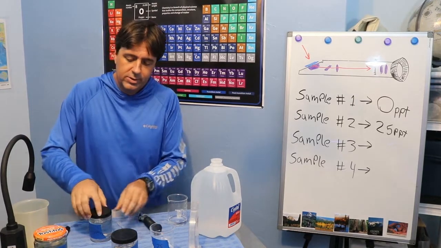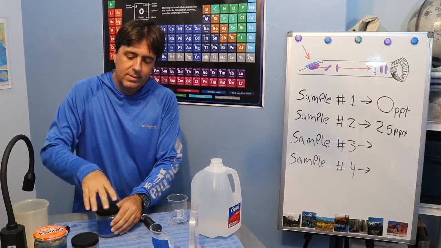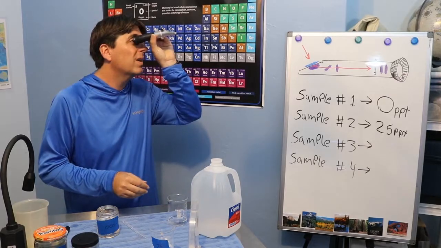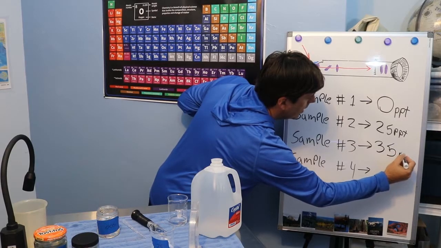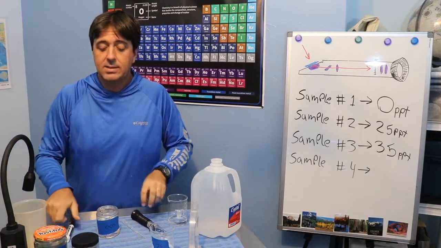So let's move on to the third, which is ocean water. Let's see what we got with the ocean water here. All right, and this one is almost right on the line of 35 parts per thousand. T's are starting to look like X's.